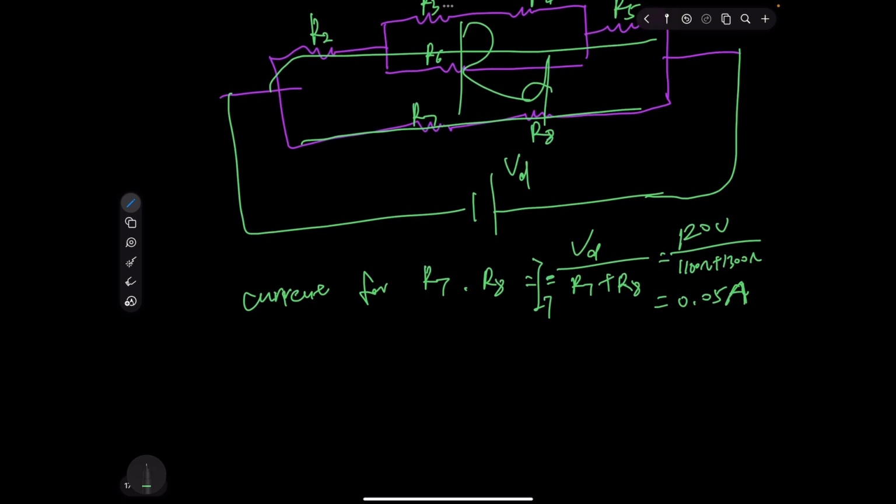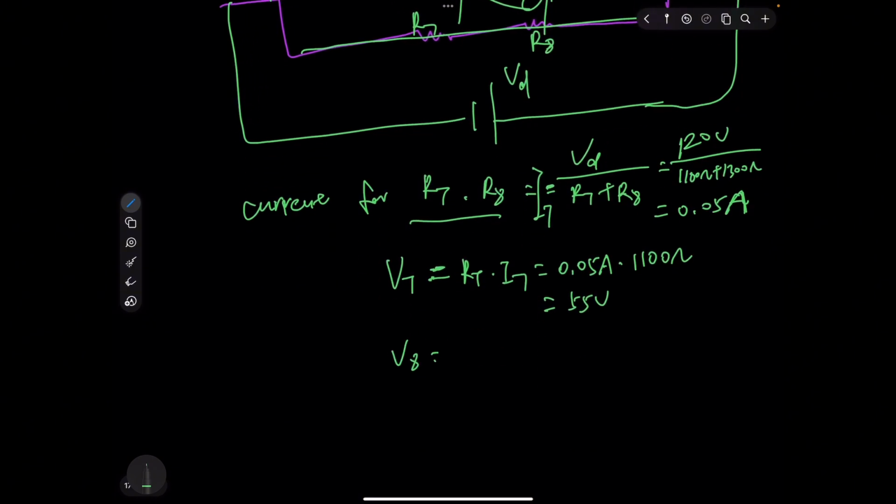After we get the current for R7 and R8, we can get the voltage for resistor 7 and resistor 8. V7 will be R7 times I7 equals 0.05 amps times 1100 ohms, which is 55 volts.